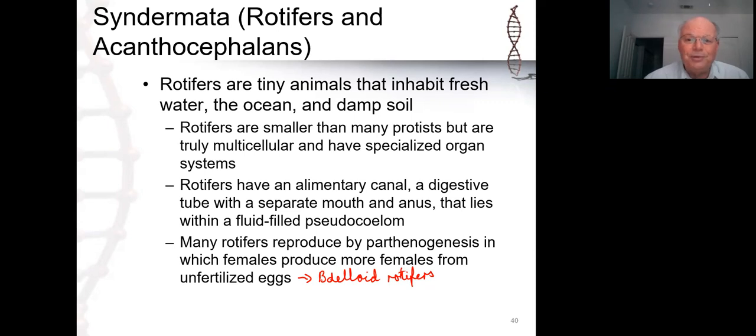It was originally thought that this was because when you look at bdelloid rotifers, they lack any evidence of parasitism. They don't seem to be attacked by parasites. And this triggered people to take another look at organisms that reproduce sexually versus those that reproduce asexually.